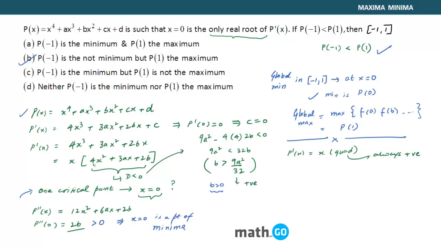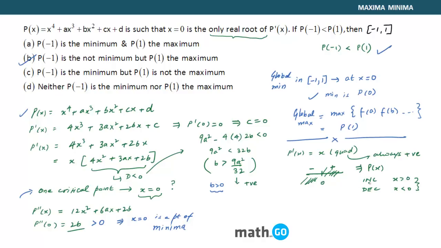So if the coefficient of x square is positive and d is less than 0, the quadratic is always positive. If I draw its wavy curve with 0, this is the sign. So p dash x is positive in this region and negative in this region. This implies p(x) is increasing for x greater than 0 and decreasing for x less than 0.